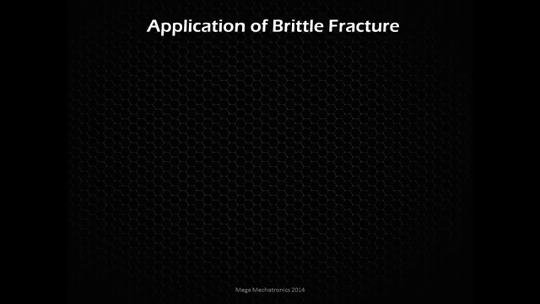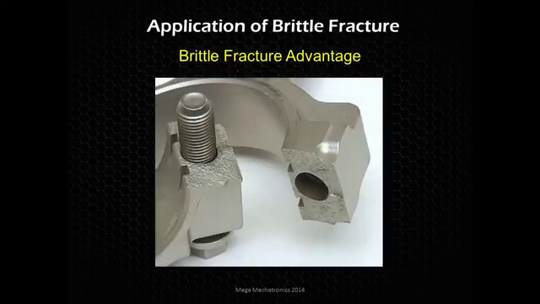So, to make that a little more clear, let's look at an application of a brittle fracture, and how we can use that brittle fracture to our advantage, with automotive rod end caps. And these even come from the factory, high performance. These are cracked cap rods. So they'll build this rod end, and they'll put it in a special fixture, and just crack it off.